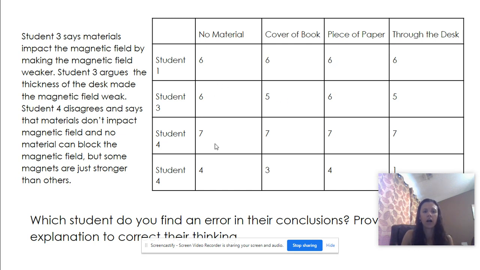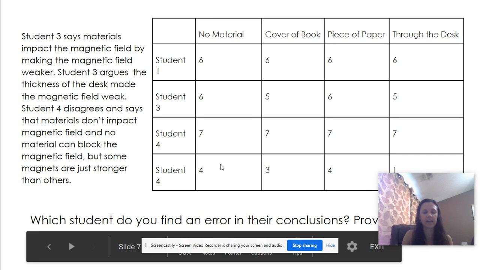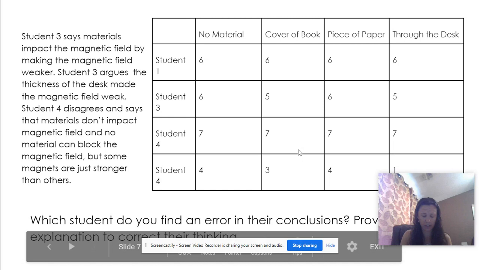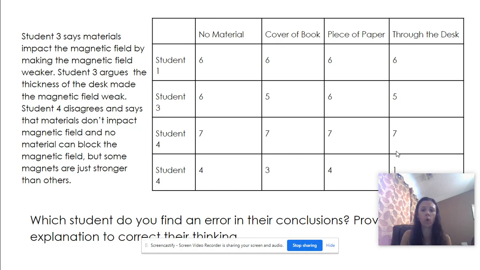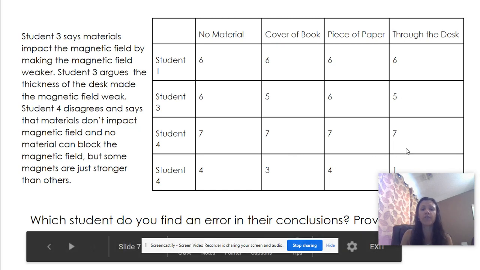Student 4, same thing. With no material or a thin piece of paper, he was able to attract 4 paper clips with his magnet. And with a cover of a book or through the desk, both of those numbers are less than the initial 4 paper clips.